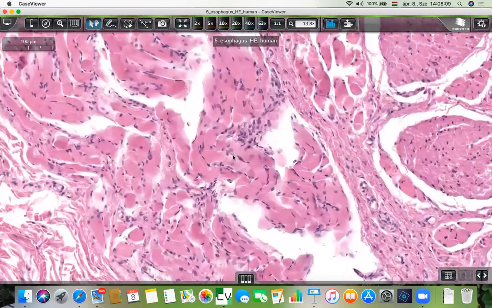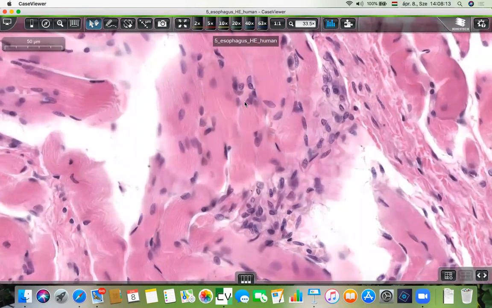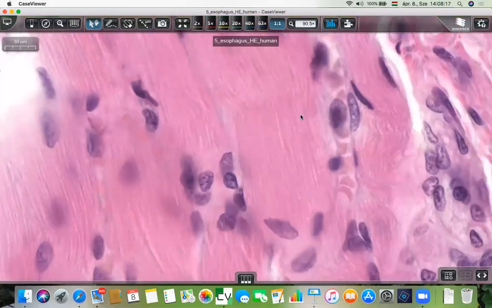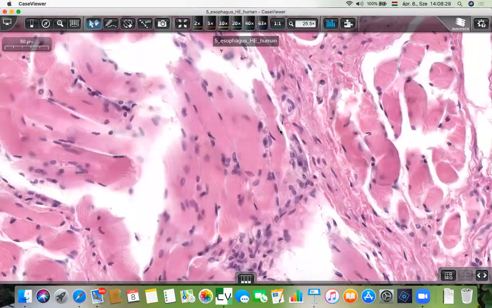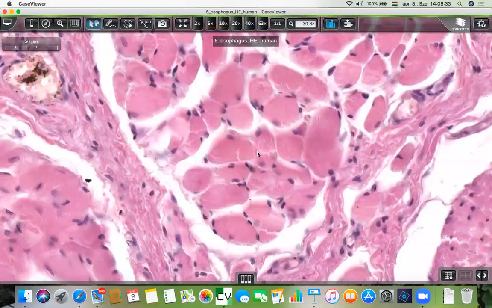When we zoom in, we can see the typical appearance of the striated muscles. The striation is beautifully seen, and the nuclei are at the periphery underneath the cell membrane. They are multinucleated cells. This is the inner circular layer, and then we have the outer longitudinal fibers.